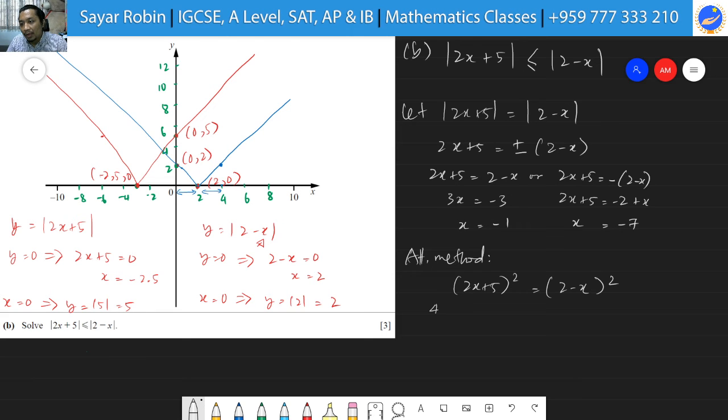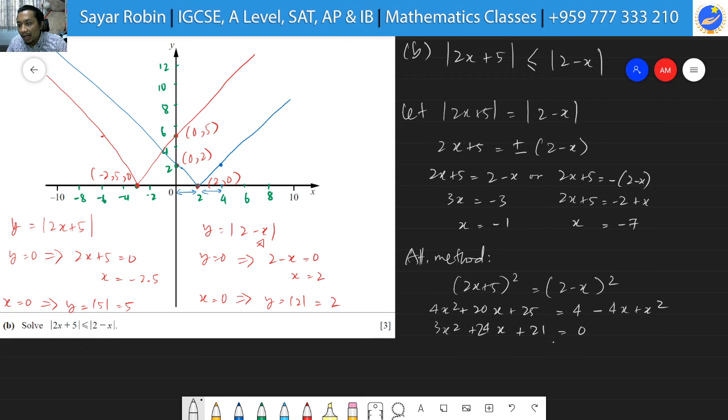It's going to be 4x squared plus 20x plus 25. Expanding the right side, it's going to be 4 minus 4x plus x squared. So we make the right-hand side 0: 3x squared plus 24x plus 21.